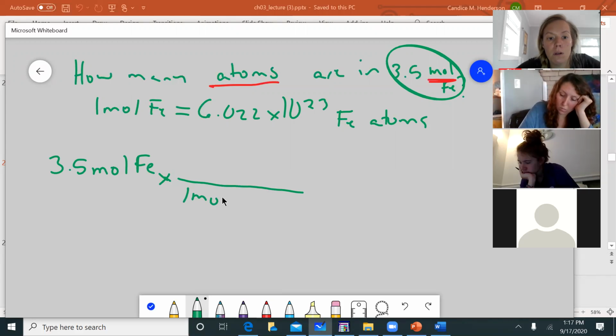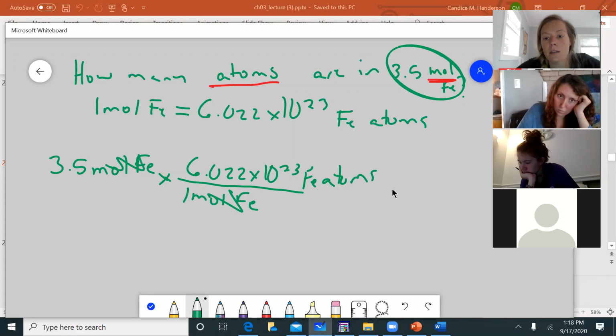The 1 will always go with the mole. The 6.022 times 10 to the 23rd will hang out on top here, and the moles of Fe will cancel. So when we're going in this direction, all we do is multiply the two together.